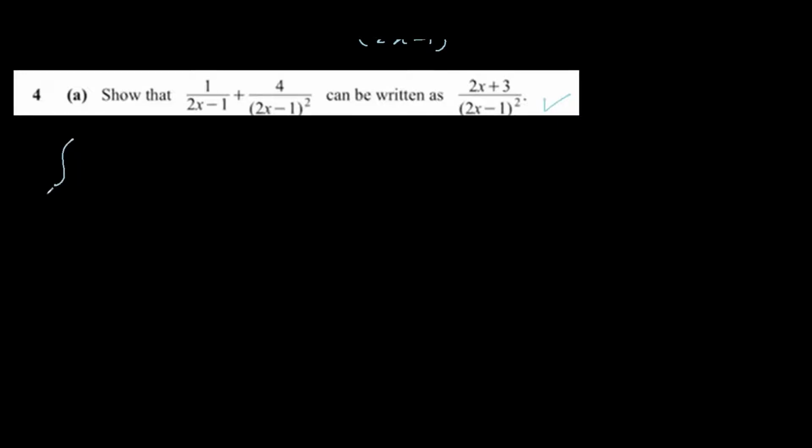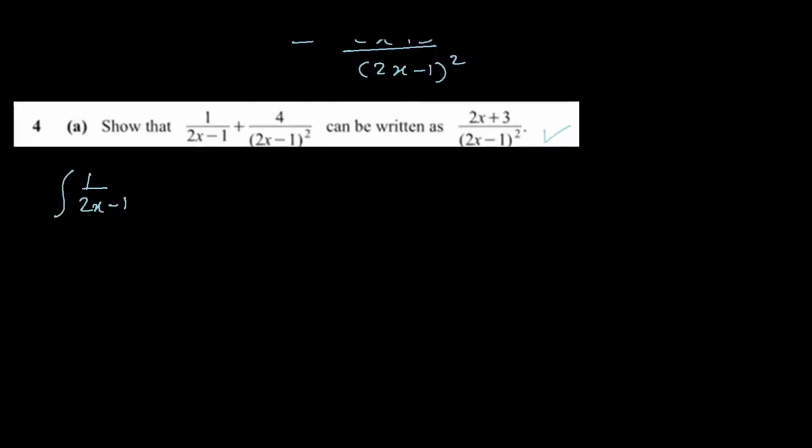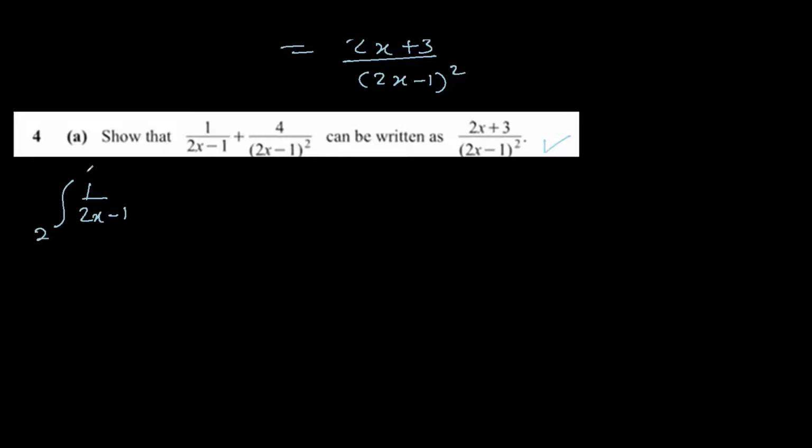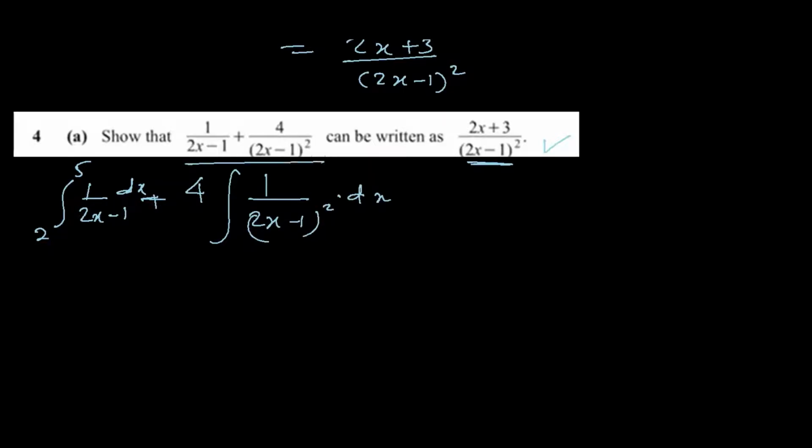So let me write here 1 over 2x minus 1 from 2 to 5 dx plus, let's write 4 outside, 1 over 2x minus 1 squared dx. In place of this, I wrote this because they are equivalent.